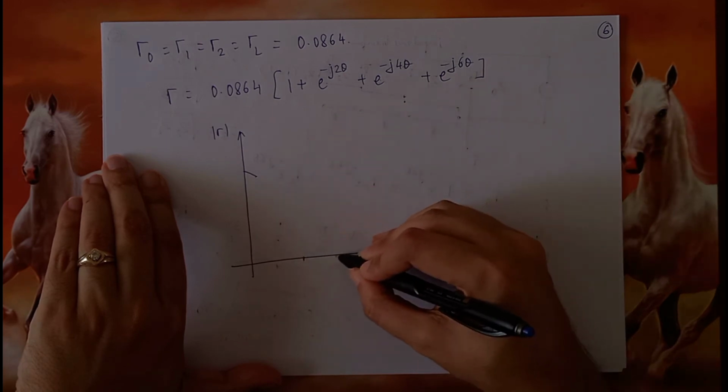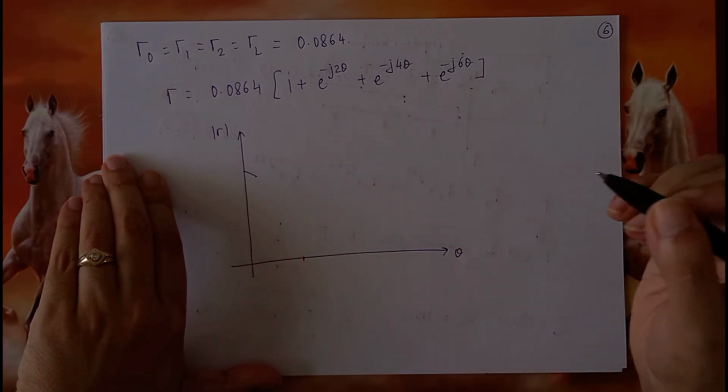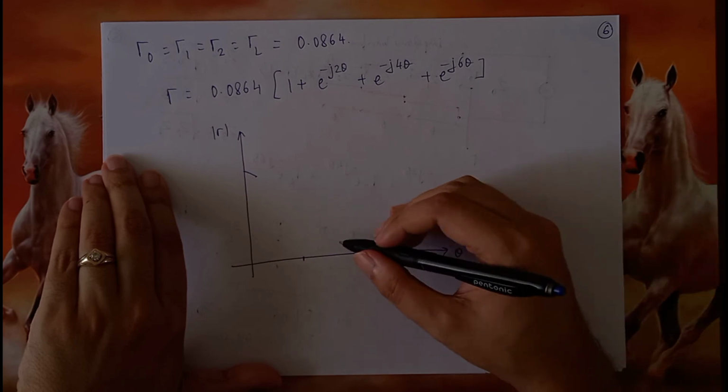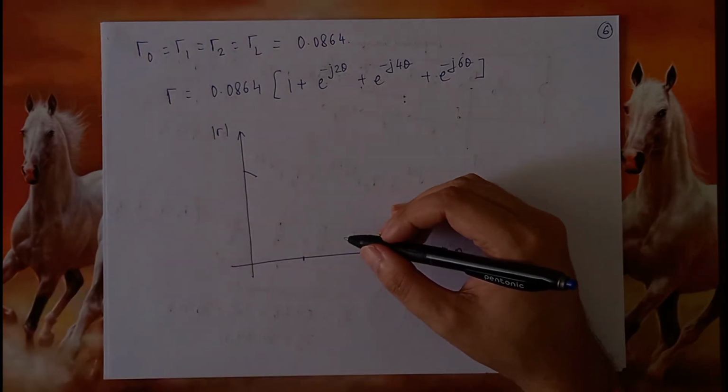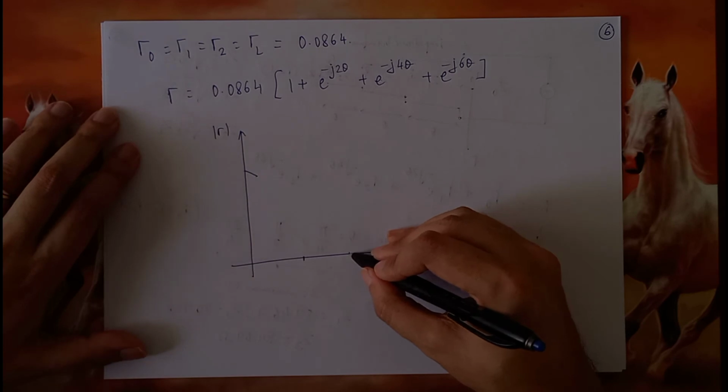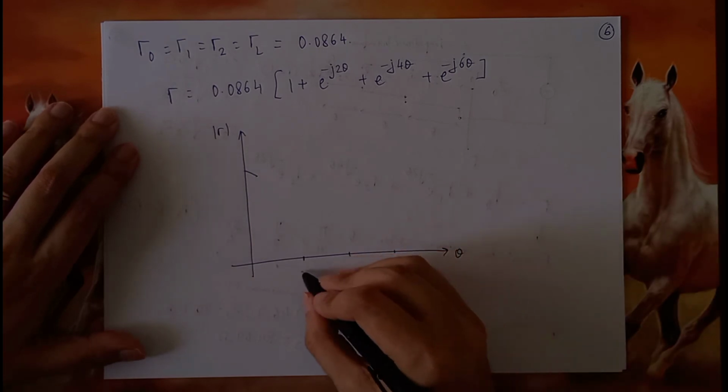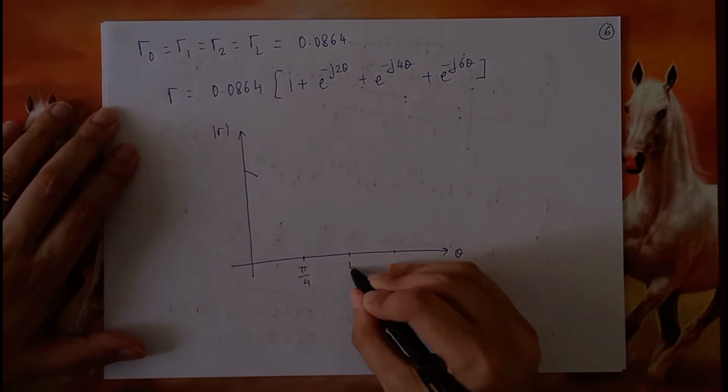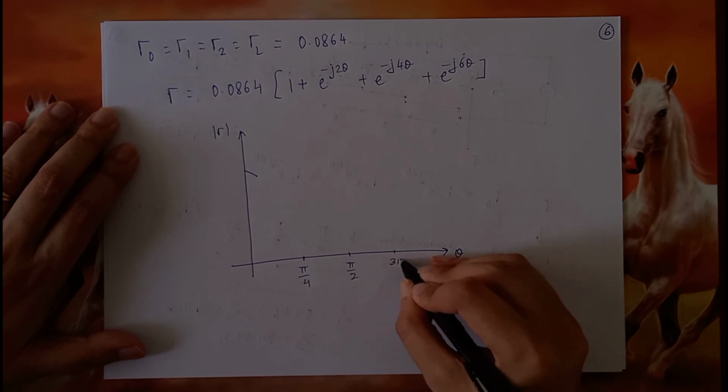One minima will be here, here and here. This is pi by 4, pi by 2 and 3 pi by 4.